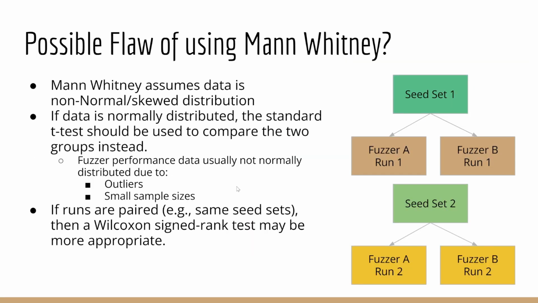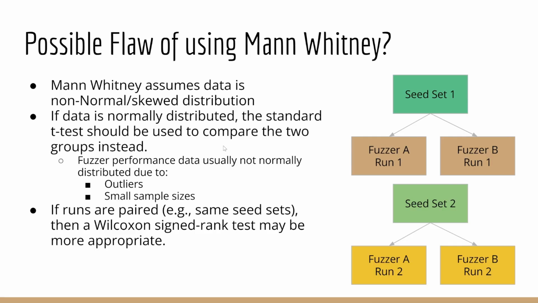So that's some basic statistics background knowledge that you would need to understand how the Mann-Whitney U-test works. But is this the best type of test? Is there some other test that is better?